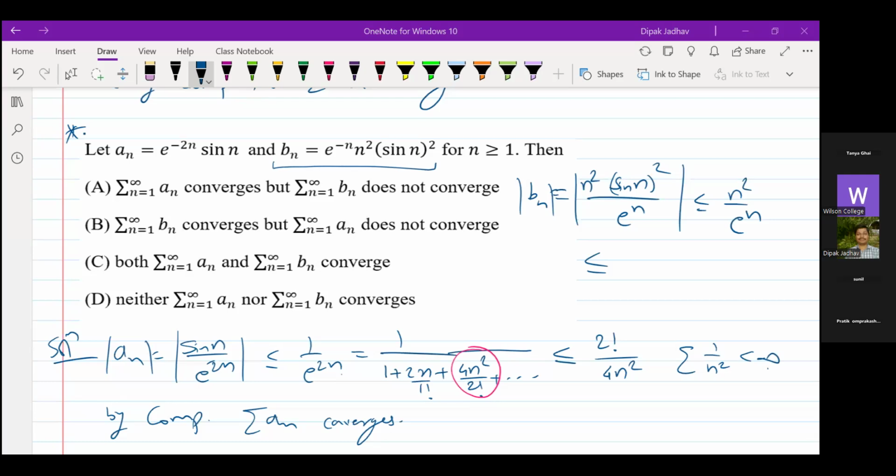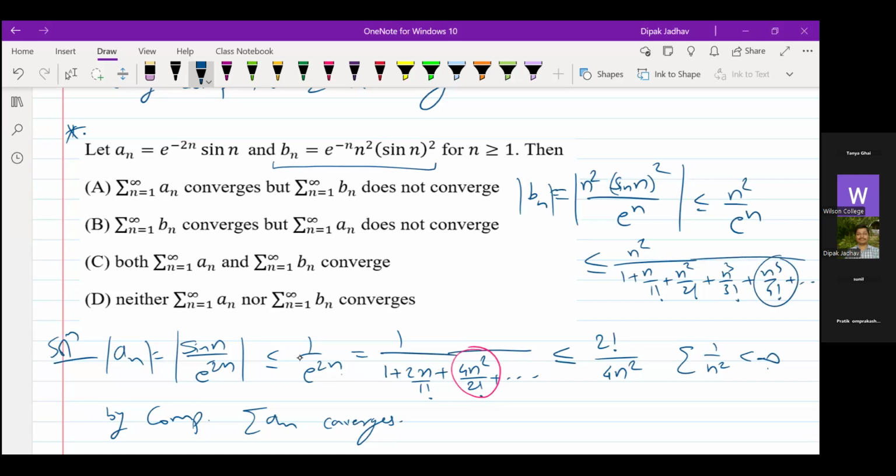Check what you will get. n square upon 1 plus n upon 1 factorial plus n square upon 2 factorial plus n cube upon 3 factorial plus n raised to 4 upon 4 factorial plus and so on.